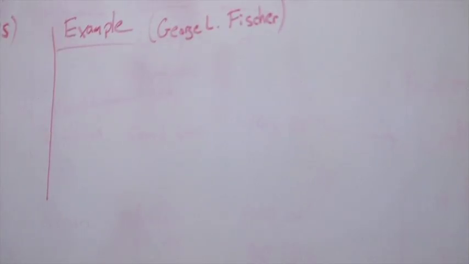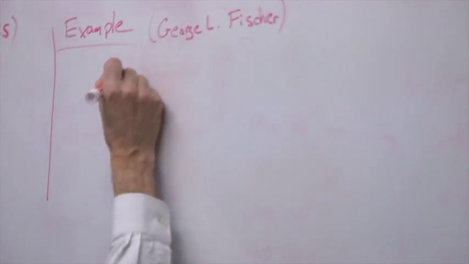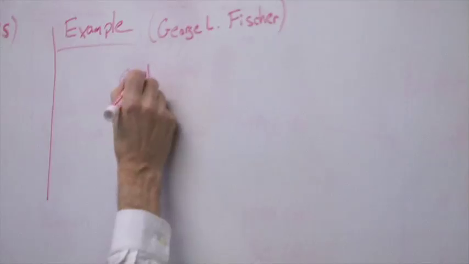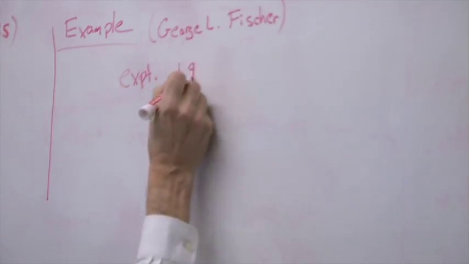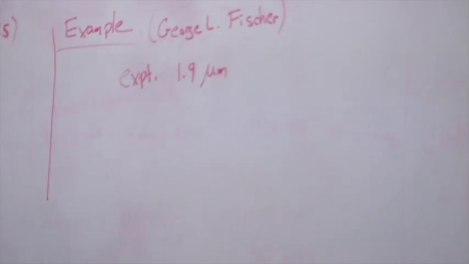I usually don't remember the middle names of all my students, but when someone tells you my middle name is Ludwig, somehow that sticks. Okay, so George Fisher needed a PhD, and he needed light at 1.9 microns to do his experiment. So we didn't have a 1.9 micron laser, but we had a neodymium YAG laser.